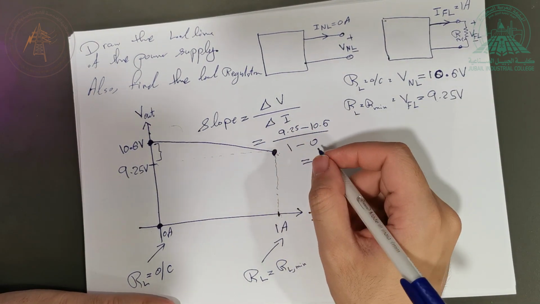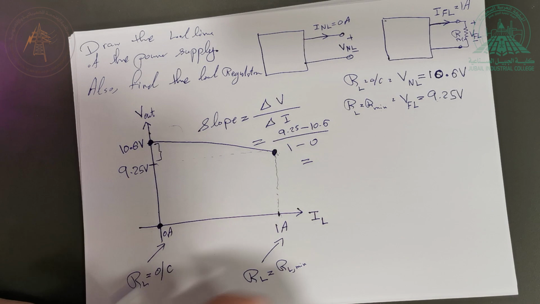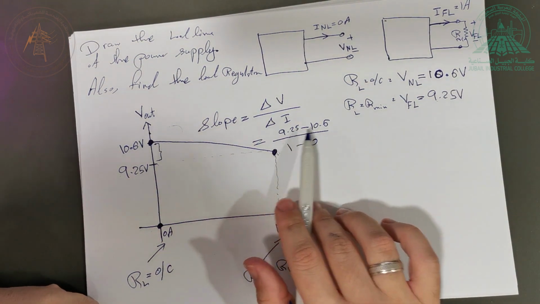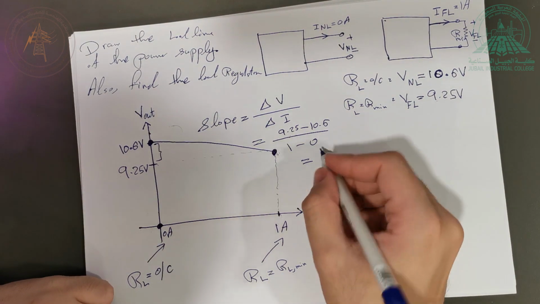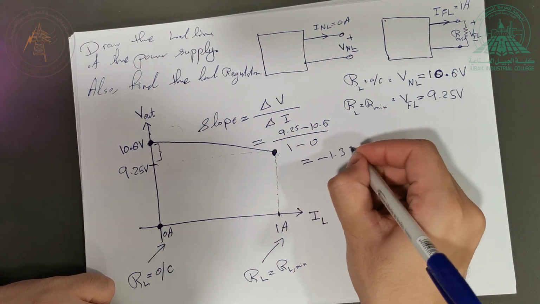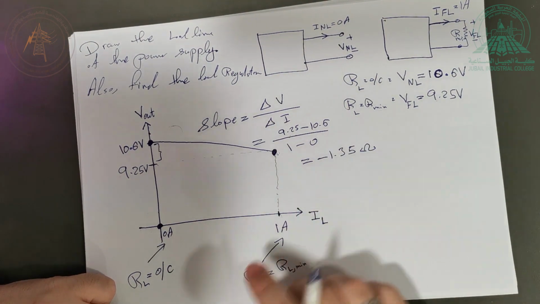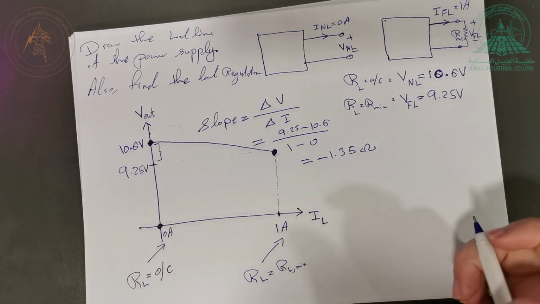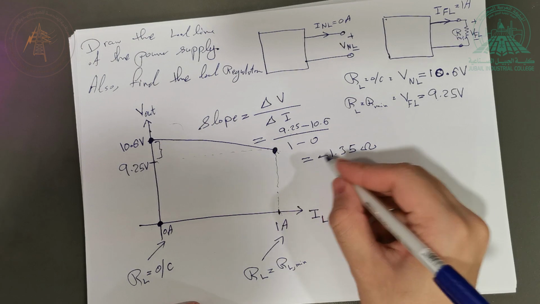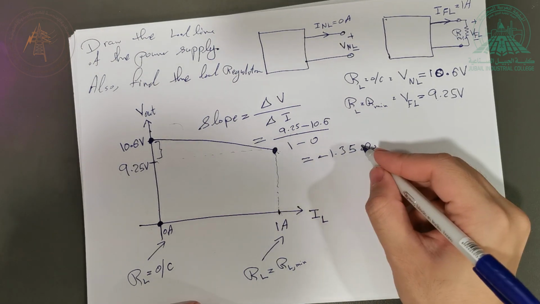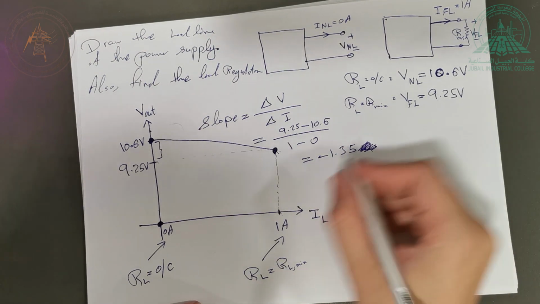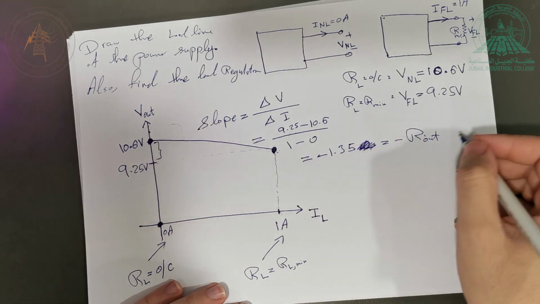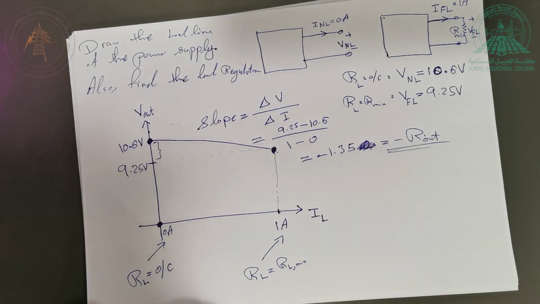It will be a negative value, right? How much is that? Sorry, this is minus 1.35. This is the value, and this is equal to minus R out.